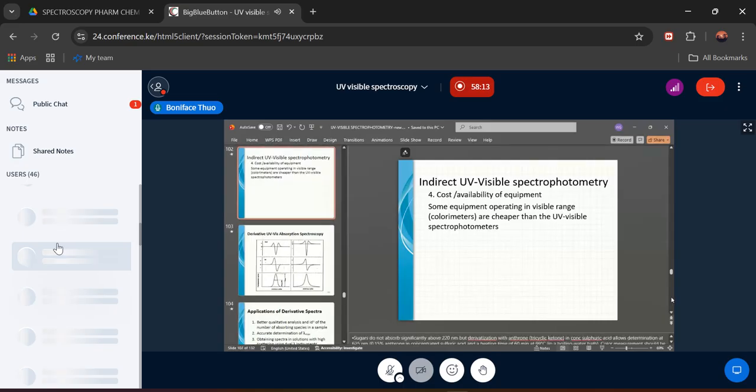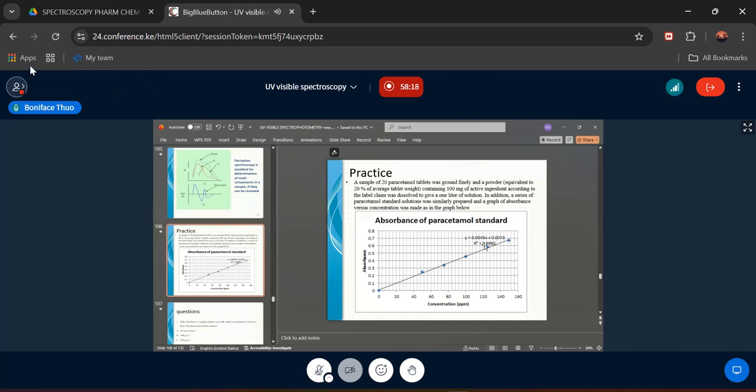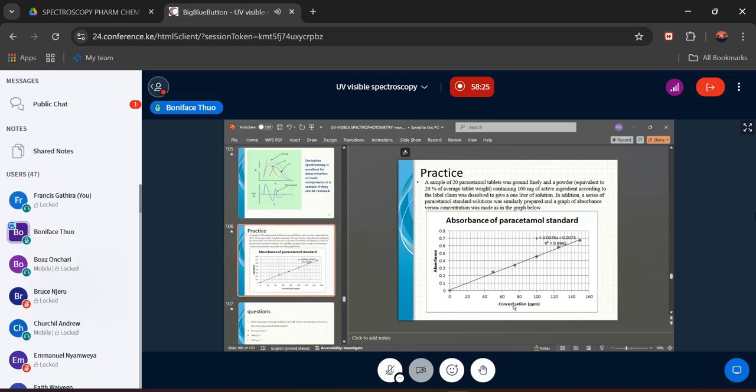And maybe I could just mention something about these values. This R squared normally gives you the relationship between the variable that is being measured and the variable that is independent.